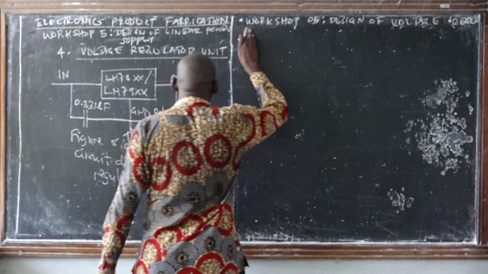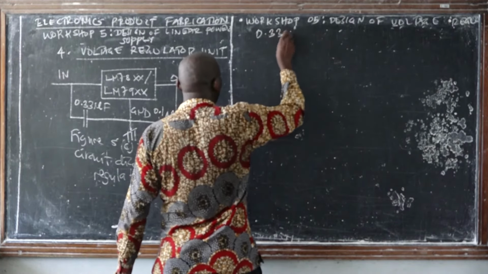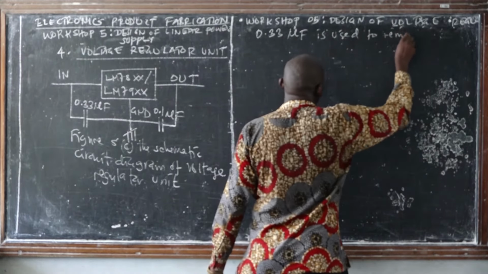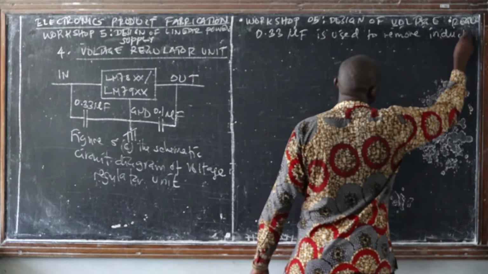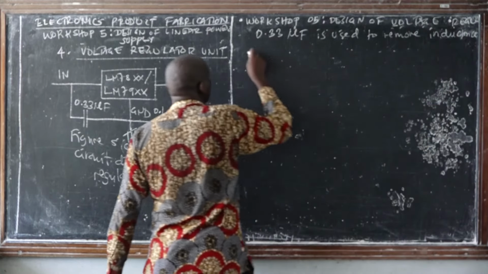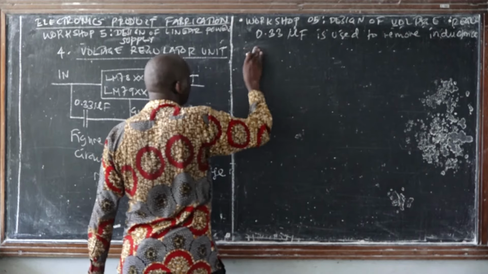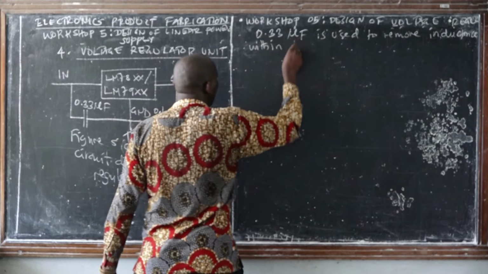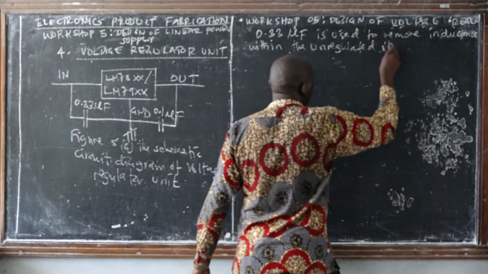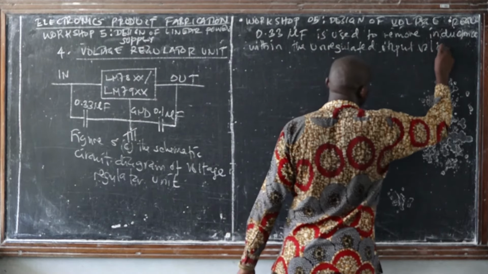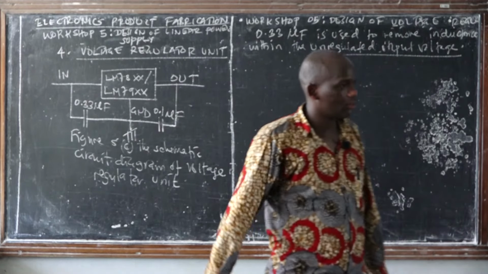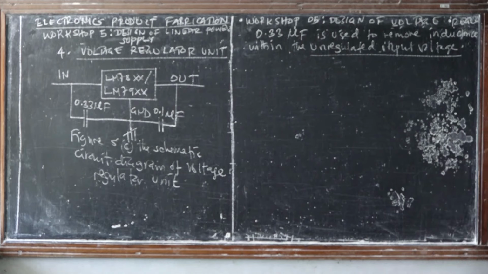The answer is that the 0.33 microfarad capacitor is used to remove inductance within the unregulated input voltage. That's the function of the first capacitor.